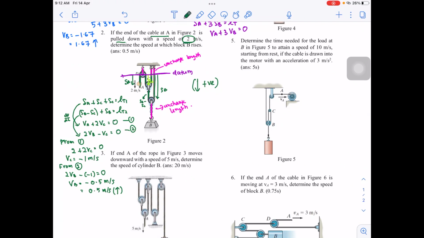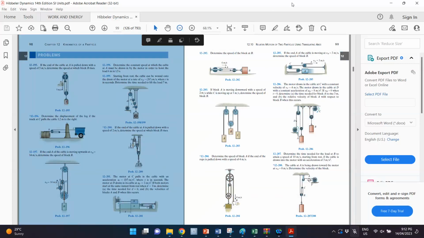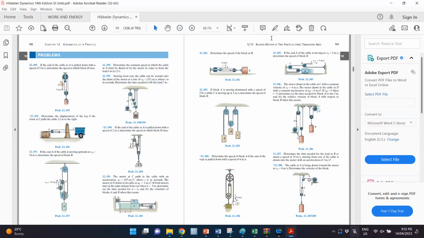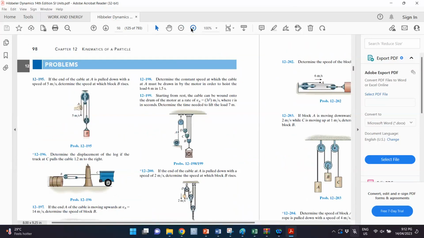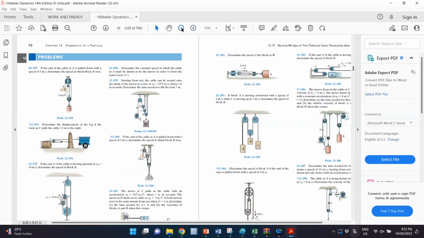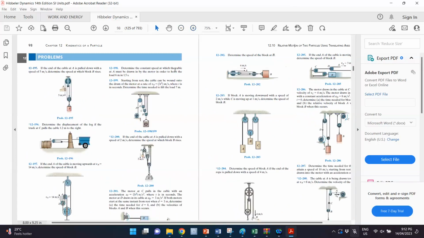Saya share buku Hibla ni lah. Sebab dia banyak contoh. Share screen. Okay. Tengok contoh-contoh ni. Kali ni kita cuma draw datum saja. Ini sama soalan tadi. Okey, contohnya 2.97. Sekejap.